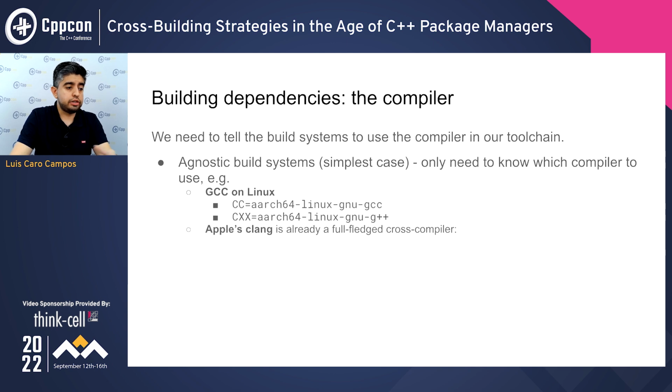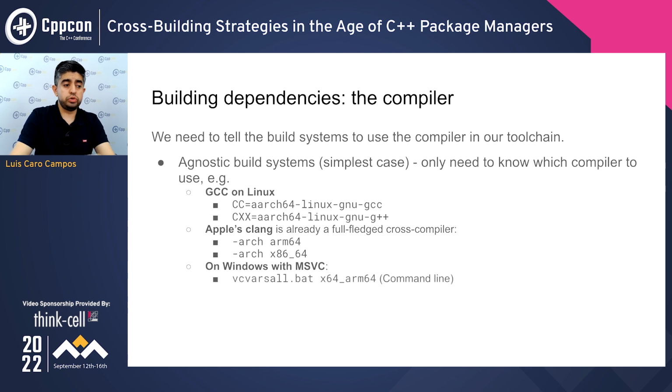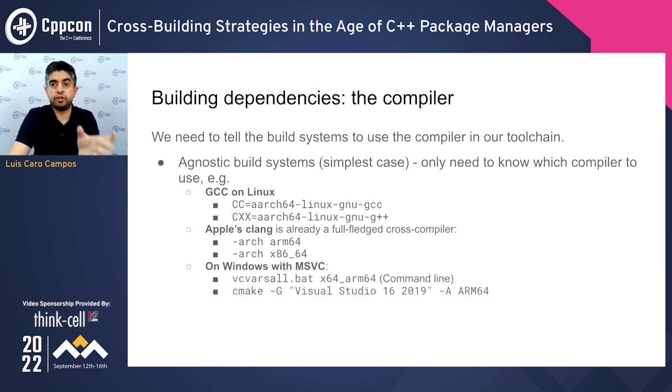Apple Clang is already a full-fledged cross-compiler, so you can just add a flag to control which architecture you're building for, and it will take care of everything for you. And on Windows with Visual Studio, you can set up an environment similar to how you do it on Linux, or via CMake, you tell CMake which toolchain to use, and that should cause the code to be generated for our target platform.